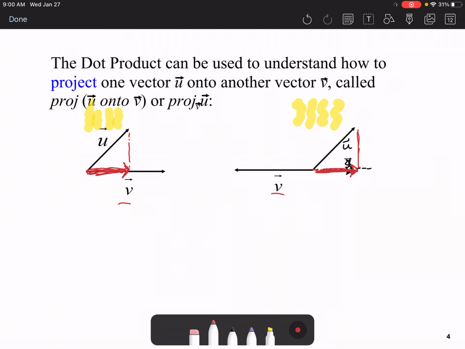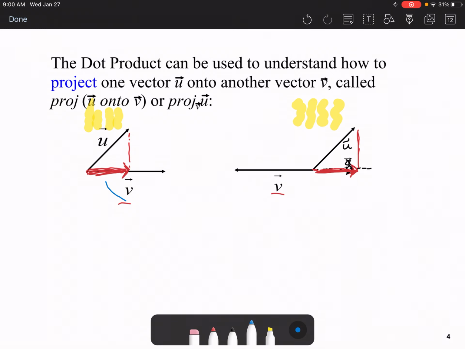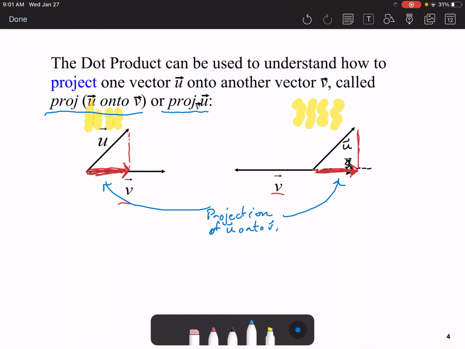What these two new vectors are called are projections. So this right here and this one right here is a projection of u onto v, which can be described as proj of u onto v, or proj of u onto little v.